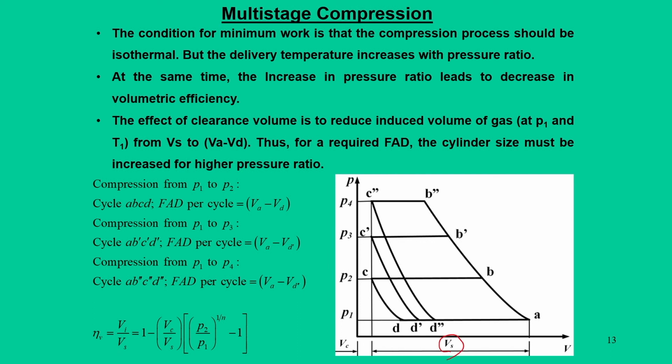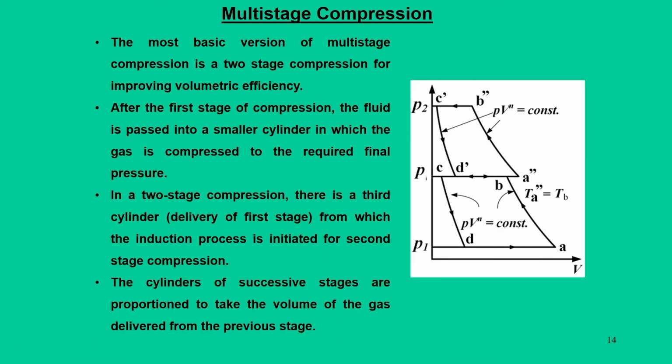With an increase in the pressure ratio, your free air delivery drops, but we do not expect the free air delivery to drop. Also, because of the pressure ratio, your volumetric efficiency drops. Because of this, single stage compression is not a viable option, so we have to go for multi-stage compression.